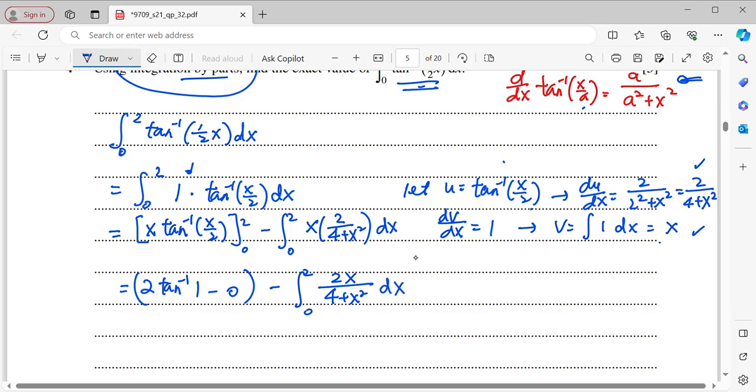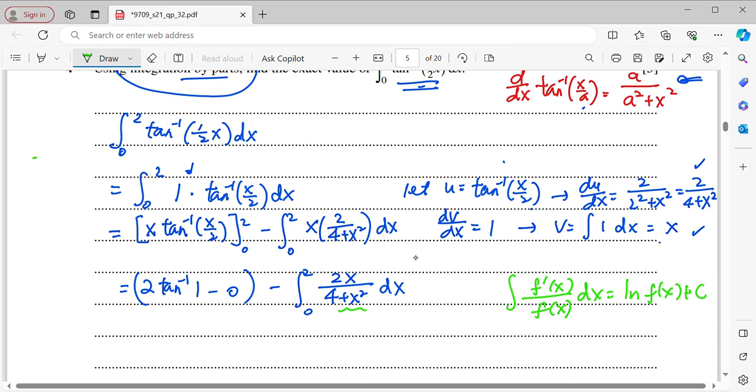Now, for your information, we have to apply another formula here, which is the integral of f prime x over fx dx, that is the ln of fx plus c. So why do we need to apply this? Because it is a quadratic function in the denominator.